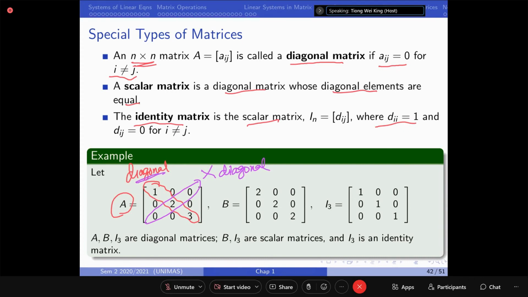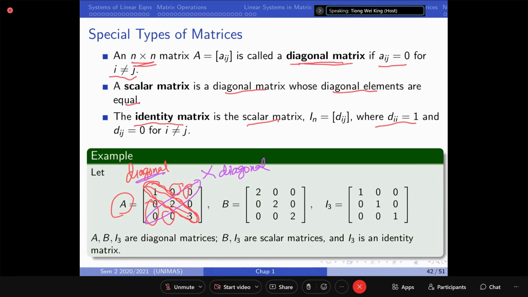Don't confuse them. If you look at the matrix, only the elements along the diagonal have values and the rest are 0. So first, it is a diagonal matrix. Then you check second, are the values all the same? This is 1, this is 2, this is 3, so they are not the same.